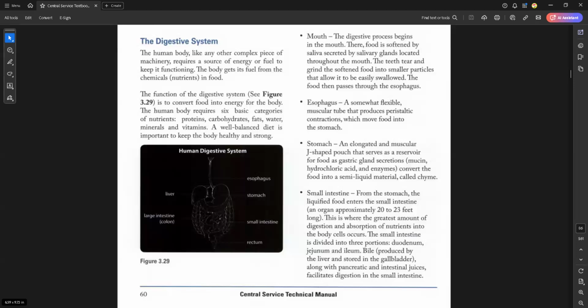So when you hear me say semi, I'm talking about semi-liquid. The stomach breaks it down to semi-liquid, and the final breakdown is going to take place in the small intestine. The small intestine plays a very key role. That is where the body is going to rejoice that, oh, finally, I'm having this food. Then the cells, more than 100 trillion cells, are going to be happy that they have food. Next page, please.